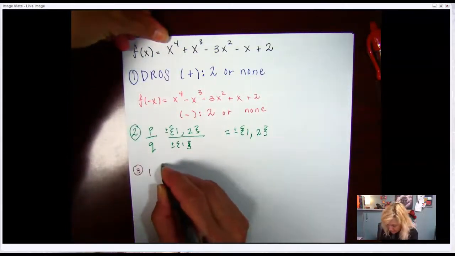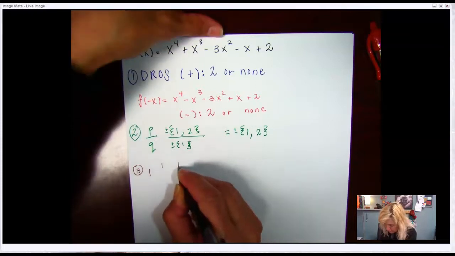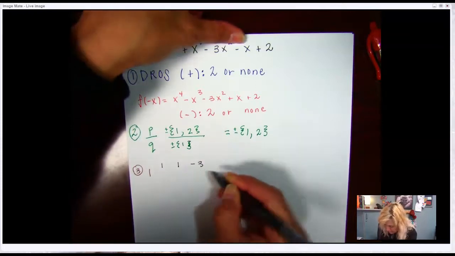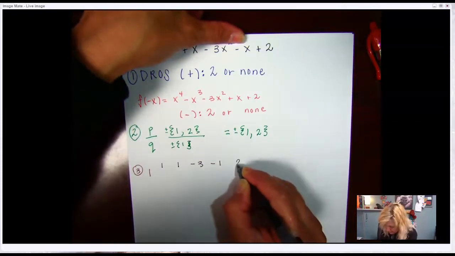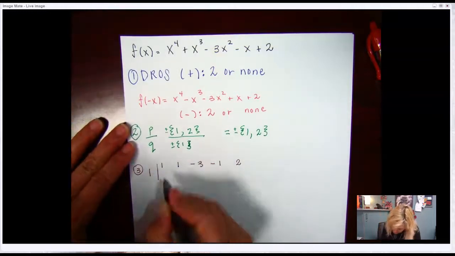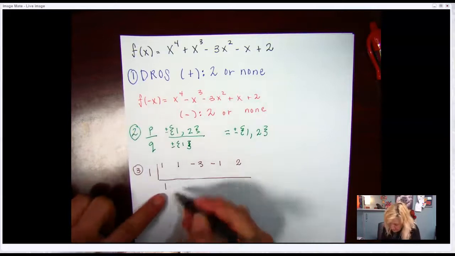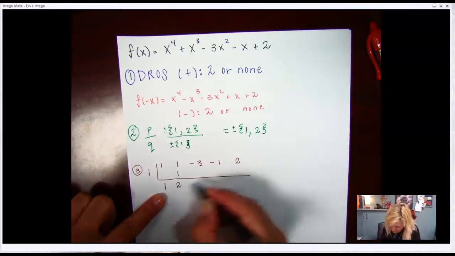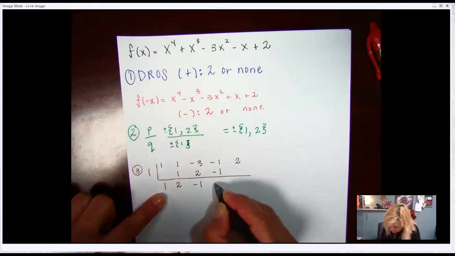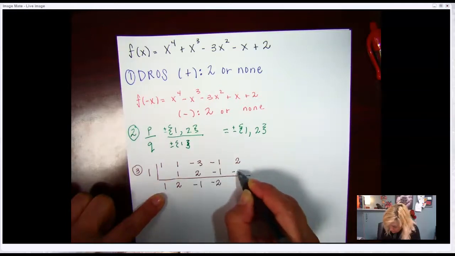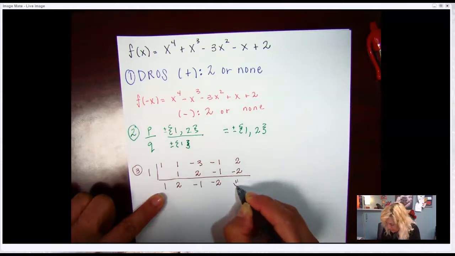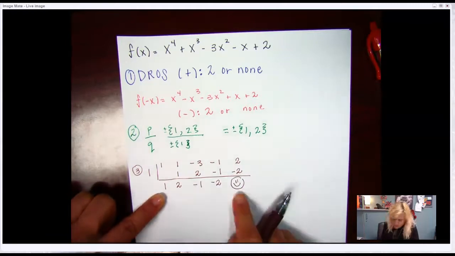So that's going to be 1, 1, negative 3, negative 1, and a positive 2. All right, so let's synthetically divide. And thank goodness there is not a remainder on that.